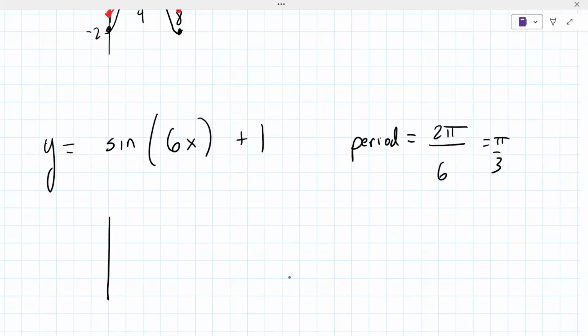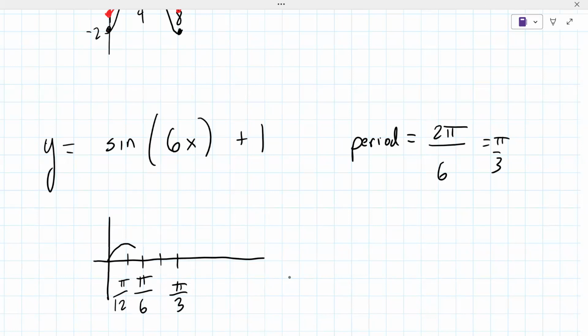So you graph this just the way you normally would, which gets weird when they're not nice numbers. That's also a thing your teacher could be checking you on, how comfortable you are cutting these in half and then getting the next ones if you even need it. So keep that in mind. And then the plus one, I like to graph the parent function first, and only then add the vertical shift. Okay.